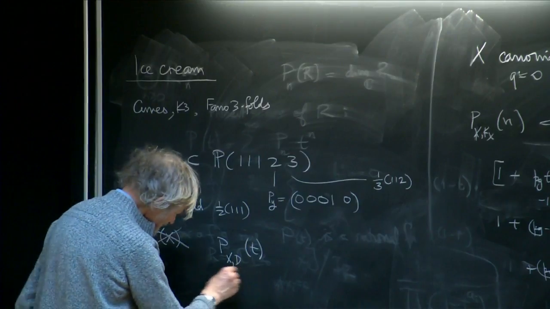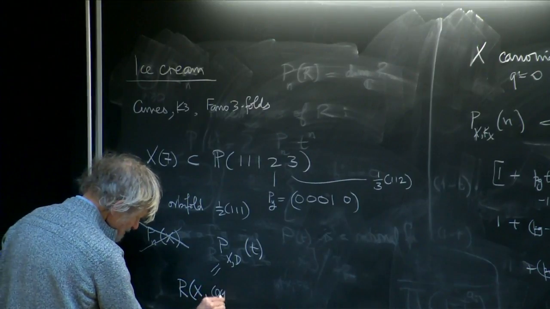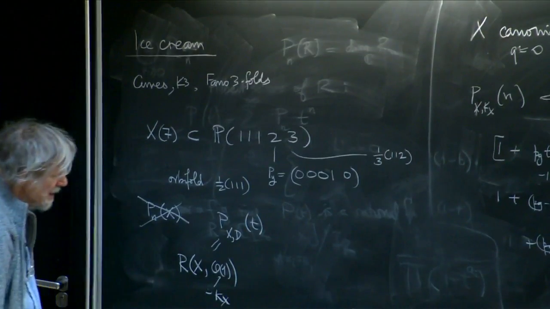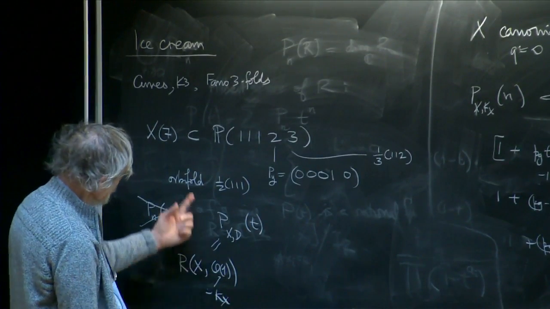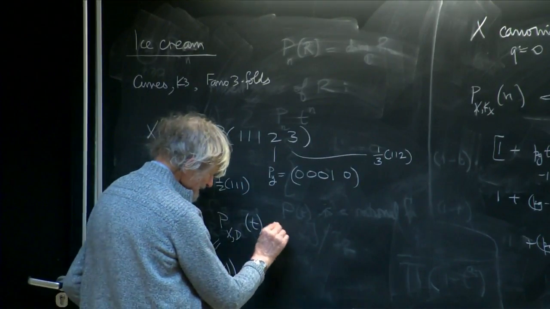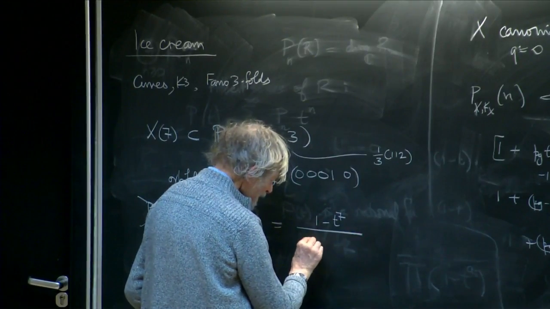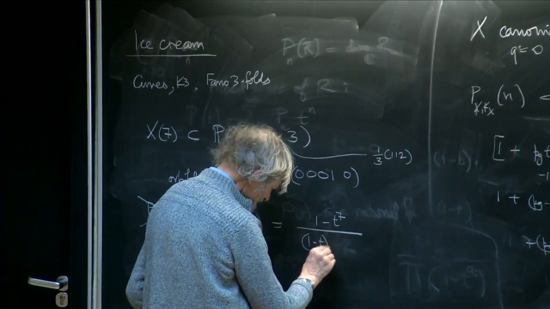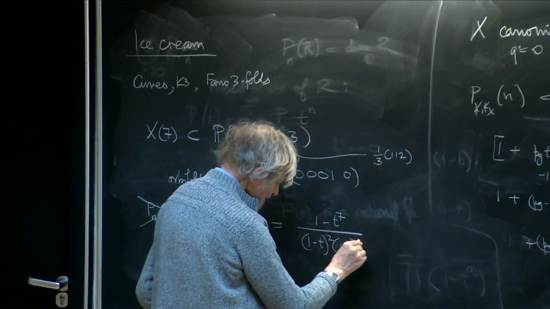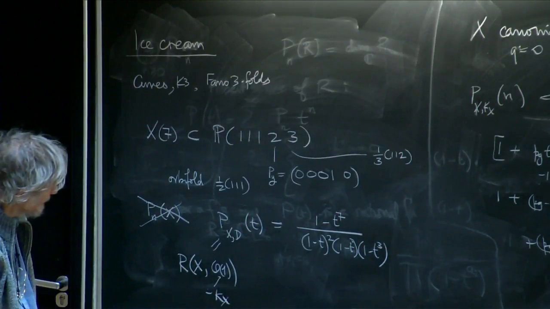This is just the Hilbert series of R(X, O(1)), where O(1) is minus K_X. So this is just the polynomial ring in these variables divided by that. So this is 1 minus t to the 7th, divided by 1 minus t, 1 minus t, 1 minus t squared, 1 minus t cubed.